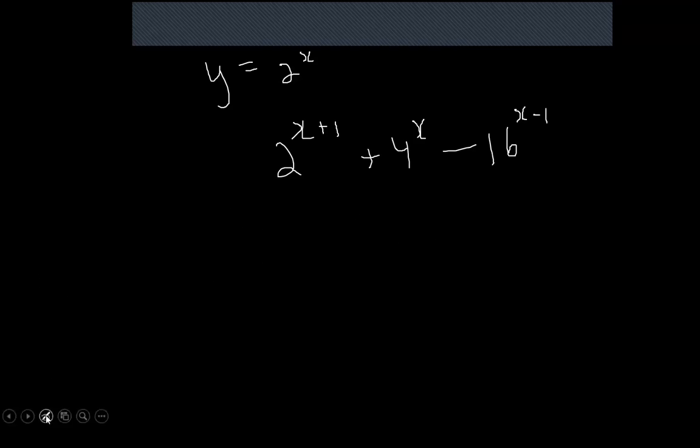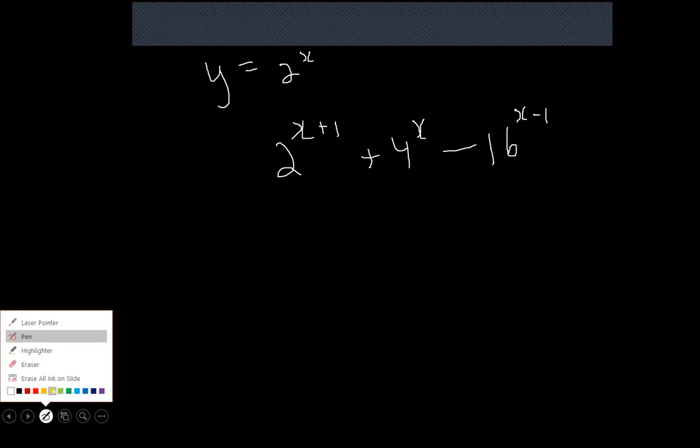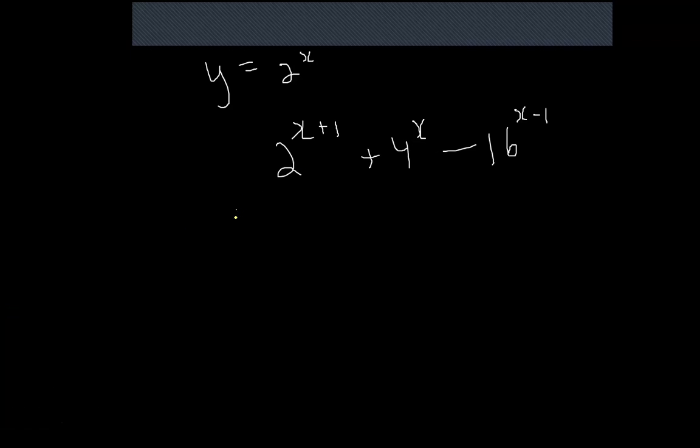So let me show you what I mean by that, right? You simplify like we were doing just now using the laws of indices. You take it term by term. The first term you're seeing is 2 to the power of x plus 1. We know this rule: a to the power of n multiplied by a to the power of m is going to give me a to the power of n plus m.